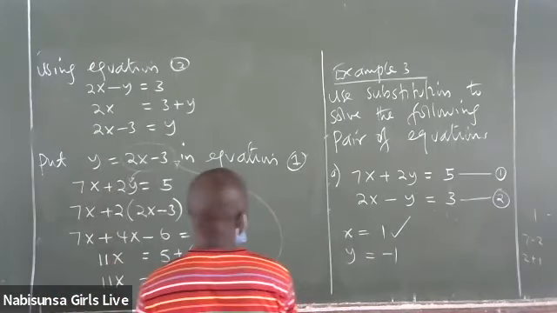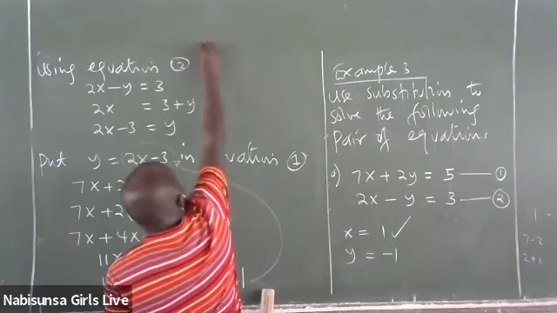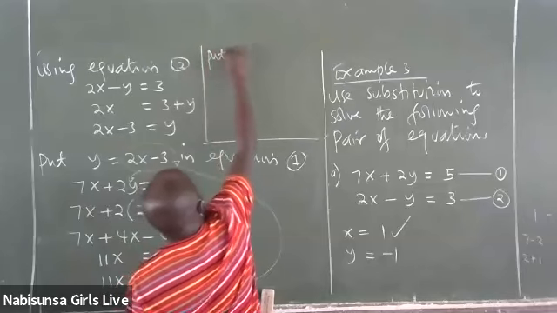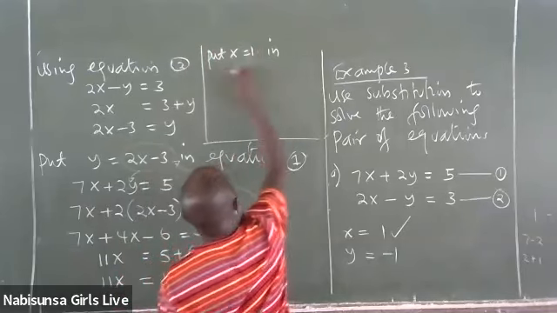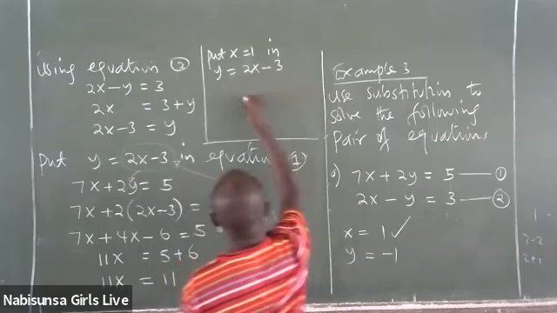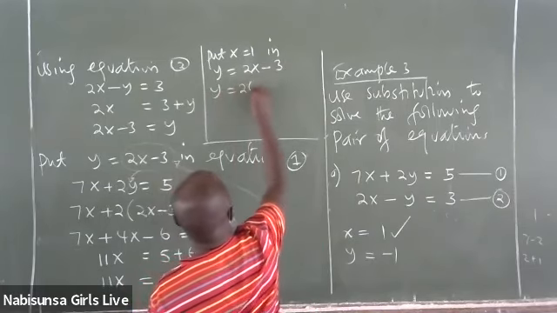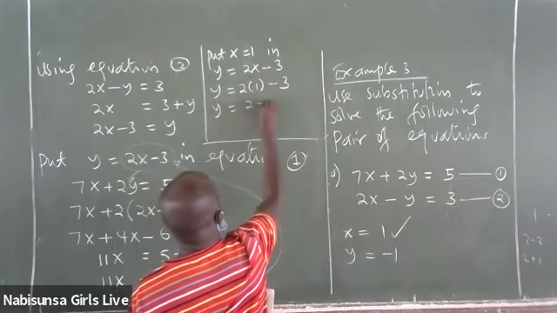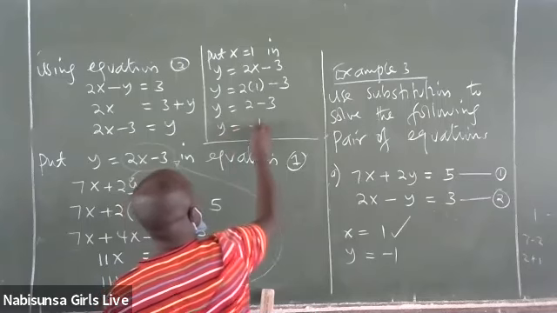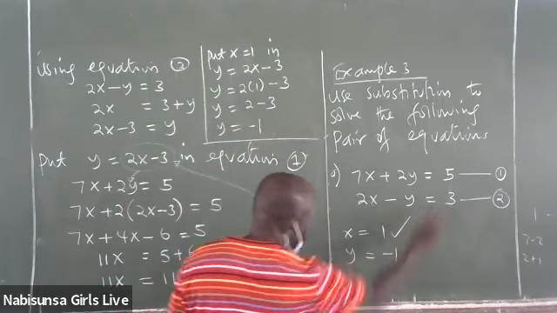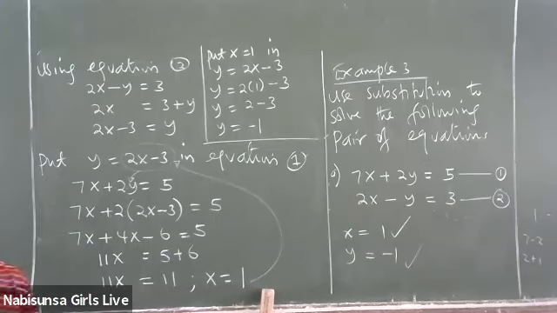So that becomes, we put x equals to 1 in y is 2x minus 3. So you get y as 2 times 1 minus 3. This is 2 minus 3, giving you y as minus 1. Okay? So those who have different answers, please try to reconcile. That's what you should have done.